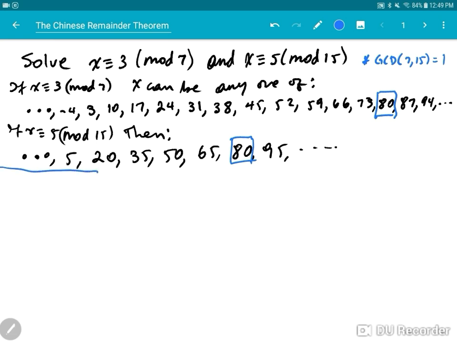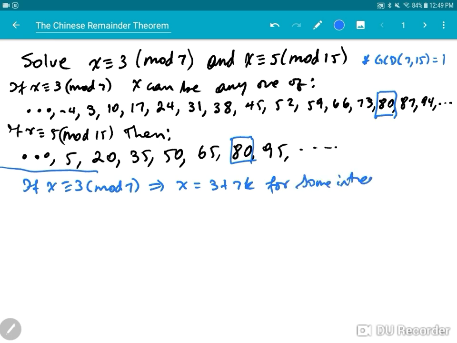Okay, so if x is congruent to 3 mod 7, then x must be 3 plus 7k for some integer k. Right? So it must be a multiple of 7 plus 3 to be congruent to 3 mod 7. But x is also congruent to 5 mod 15.